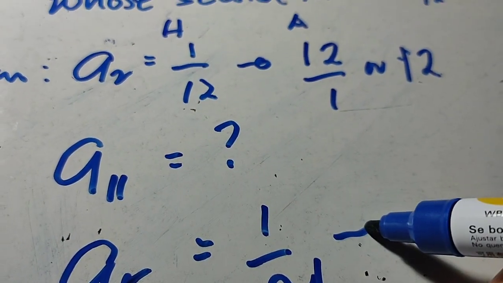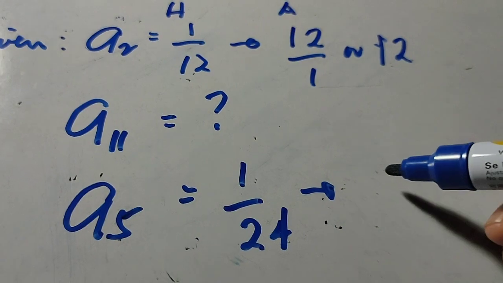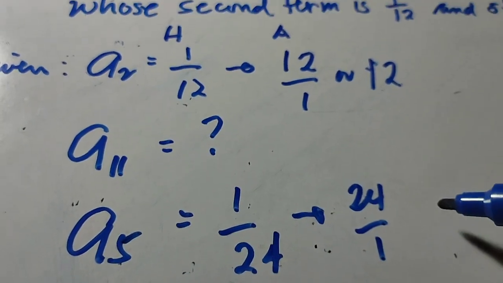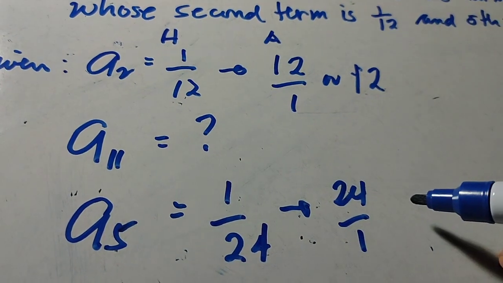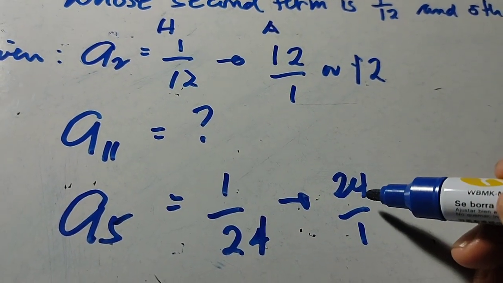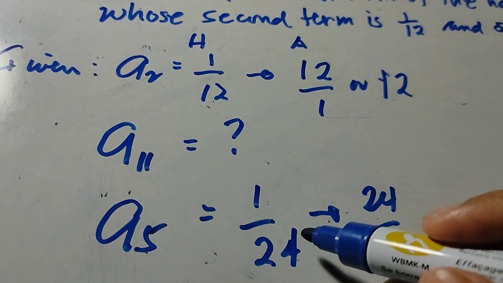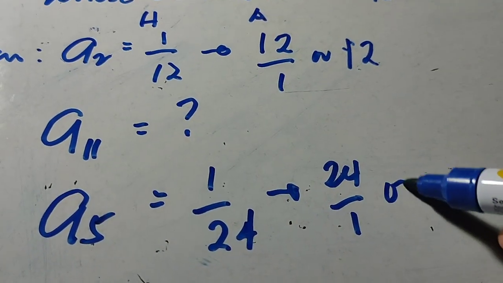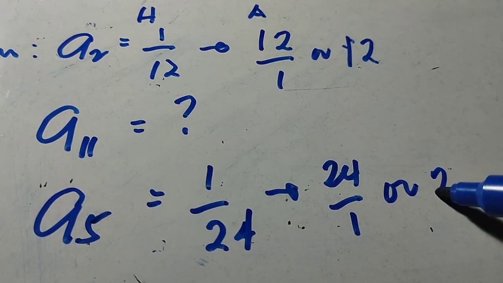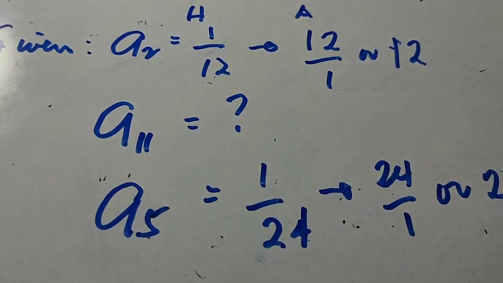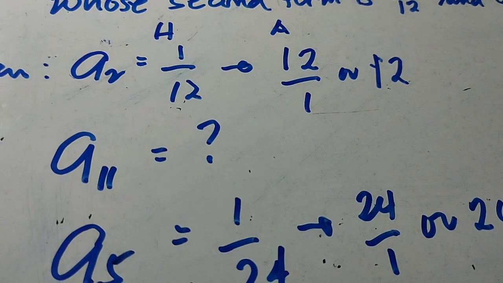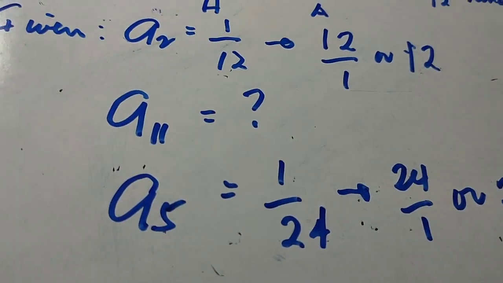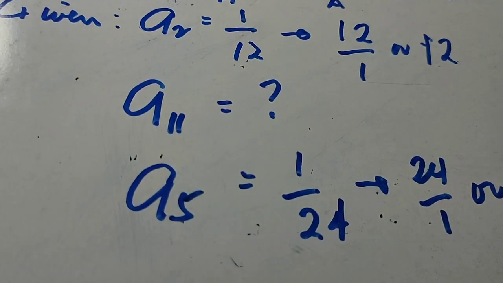So this is going to be rewritten into 24 over 1, which is the reciprocal of 1 over 24. This is now the arithmetic sequence term. This one here is our harmonic sequence, or your 24 over 1 is simply 24. So what are we going to do in order to find the 11th term as marked as our required there?